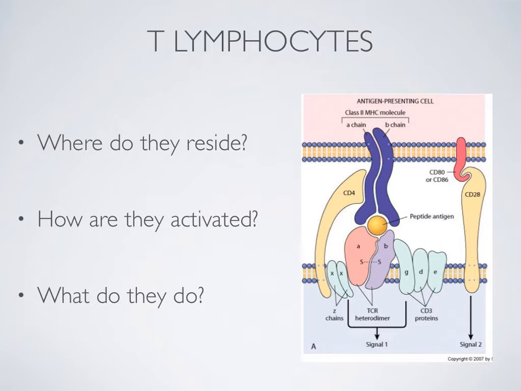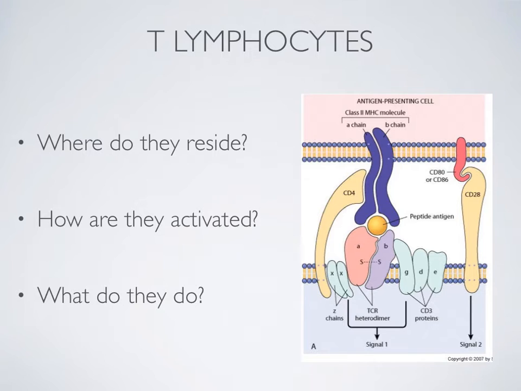So in the humoral immune system, we learned about the B cells. And remember that B cells, where are they born? Bone marrow. Where do they mature? Bone marrow, right. So they differentiate into B cells in the bone marrow, and then they go through a process of gene rearrangement to express a B cell receptor on their surface.